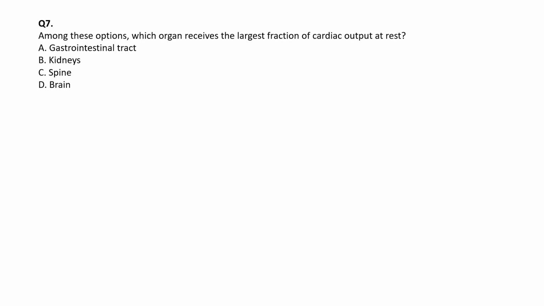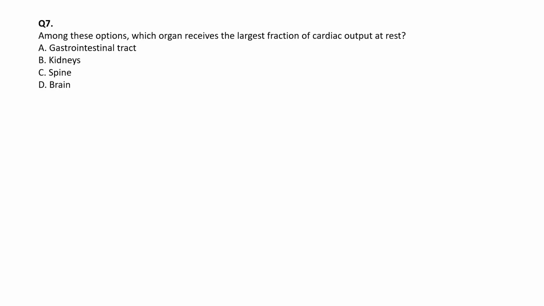Then about 15% of it goes to the brain, hilariously. And then I believe your skeletal muscles get about 20%, and your kidneys get about 20% or so. Skin gets quite less, maybe 8 to 10% at max.